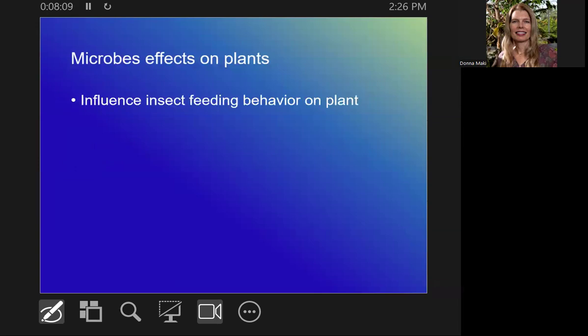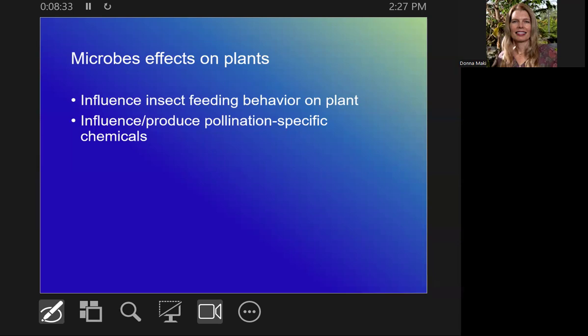Seems like everywhere they look, they find new ways in which plant microbes are affecting plants. They even are showing differences in how insects interact with plants, depending on the presence or absence of certain microbes. And these are typically soil microbes, where the insects are on the shoot or leaves.